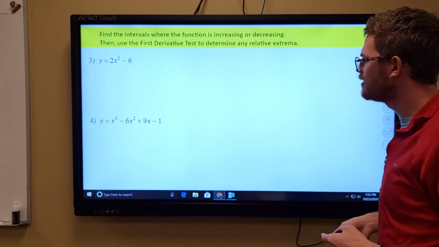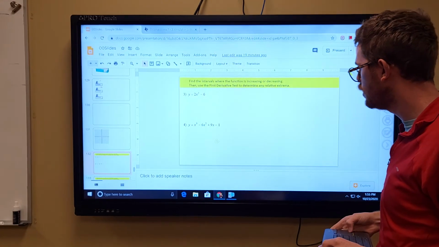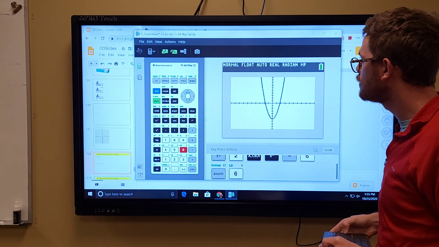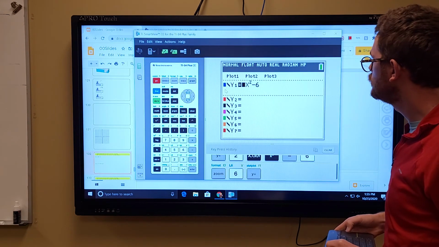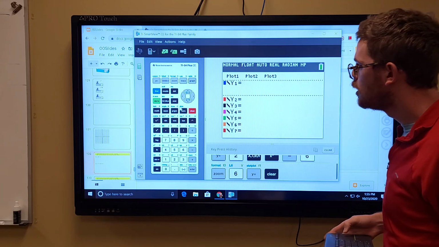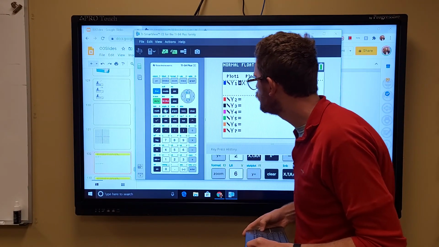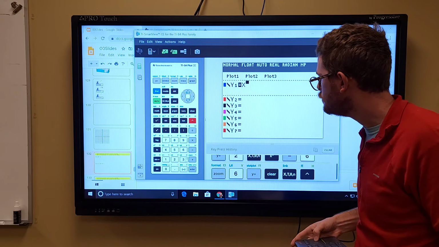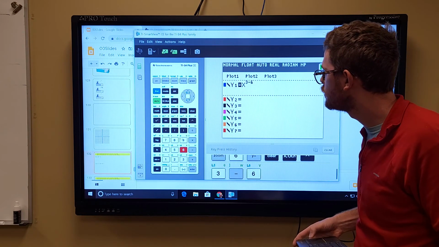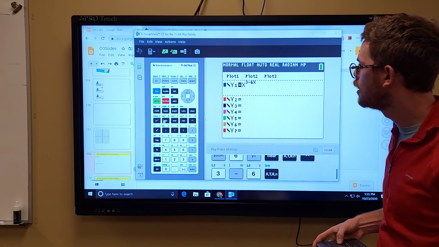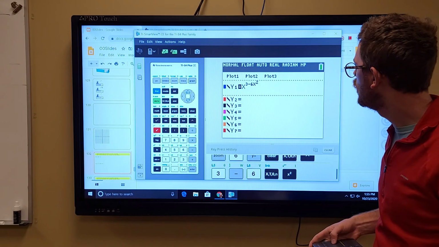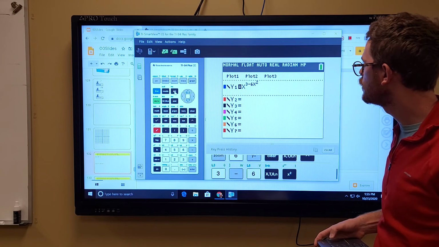x cubed minus 6x squared plus 9x minus 1. See if I can remember that. All right, we got x cubed minus 6x squared. Oh no, that doesn't look good.